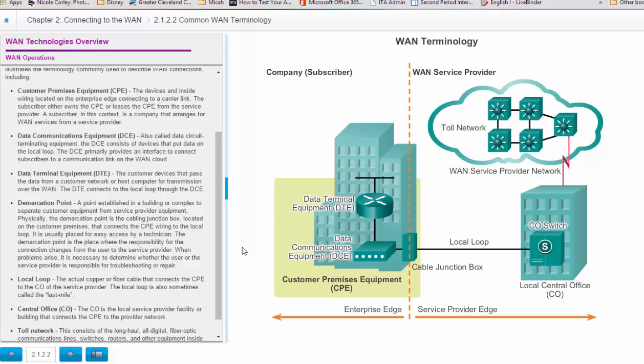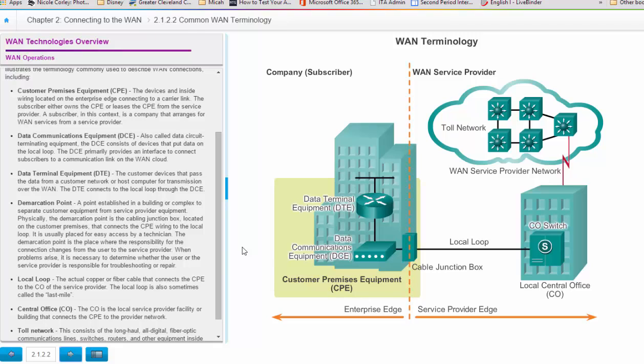The DCE primarily provides the interface to connect subscribers to the communication link on the WAN cloud. Then we have our DTE, that's the data terminal equipment, and this is the customer devices that pass the data from the customer's network or host computer for transmission over the WAN. And the DTE connects to the local loop through the DCE.